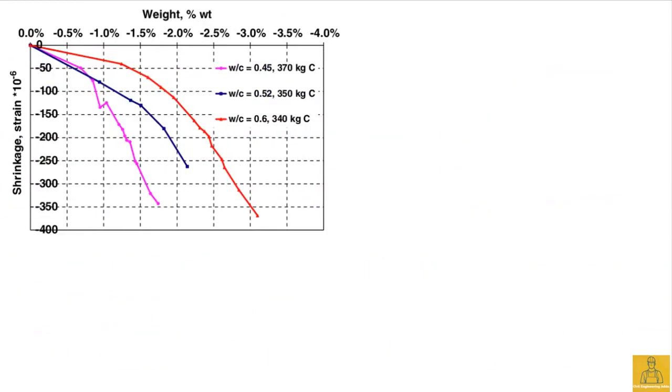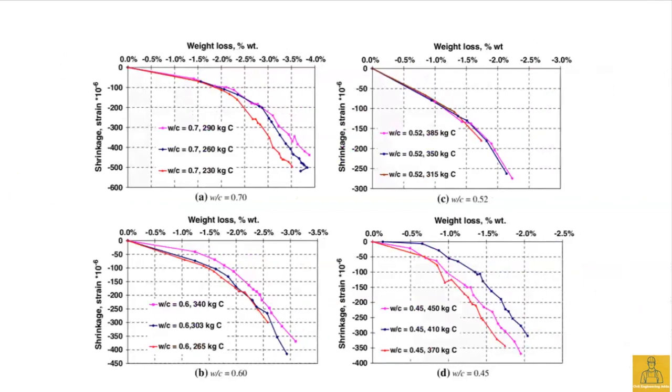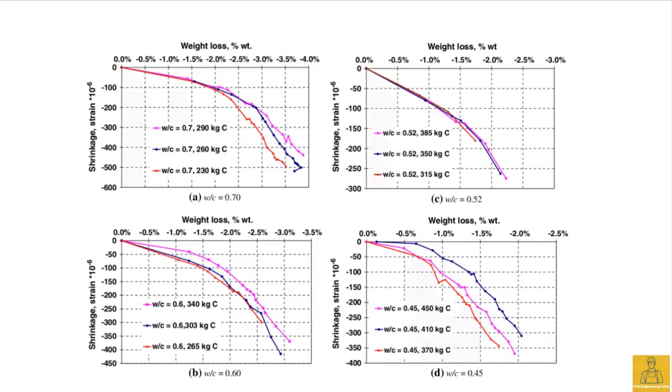Okay, so this graph here helps us to understand this simple thing, how the loss of water is going to lead to the increase in the shrinkage. See here, this is shrinkage strength, and this is the percentage amount of water.